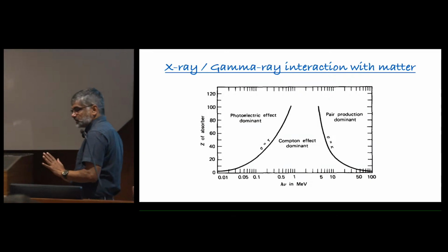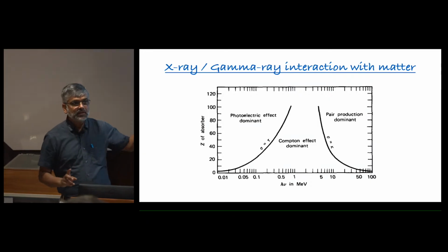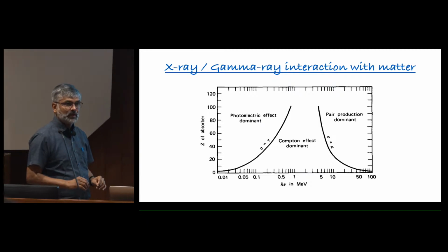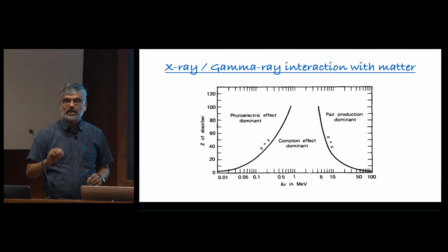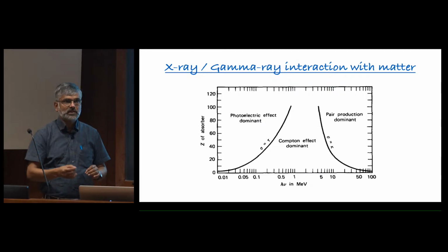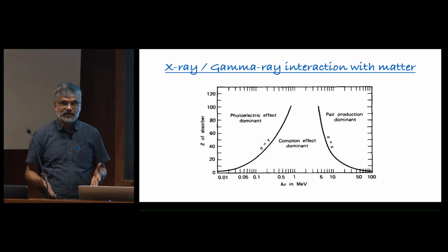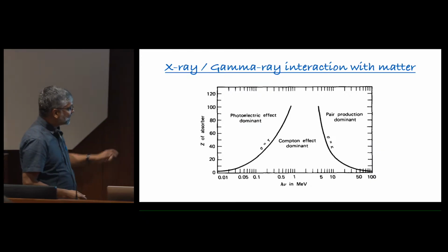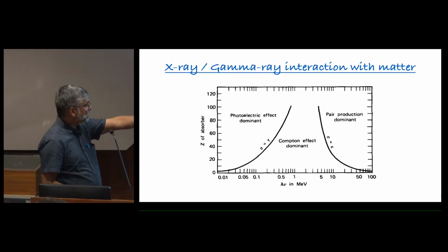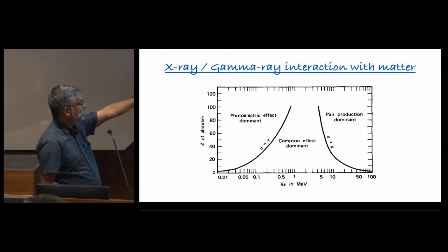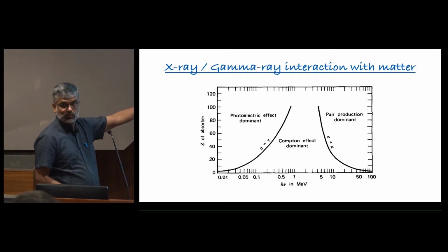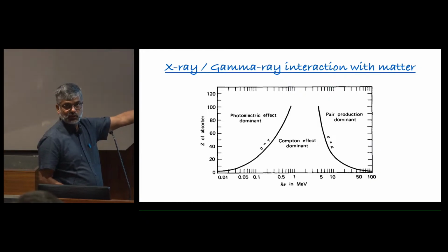While thinking about X-ray and gamma ray detectors, this is the most important diagram, which shows how X-rays or gamma rays interact with matter. The X-ray has to first come and interact with the detector material. Here the energy is shown on the x axis, and the material in which you want to detect the X-ray is shown on the y axis.